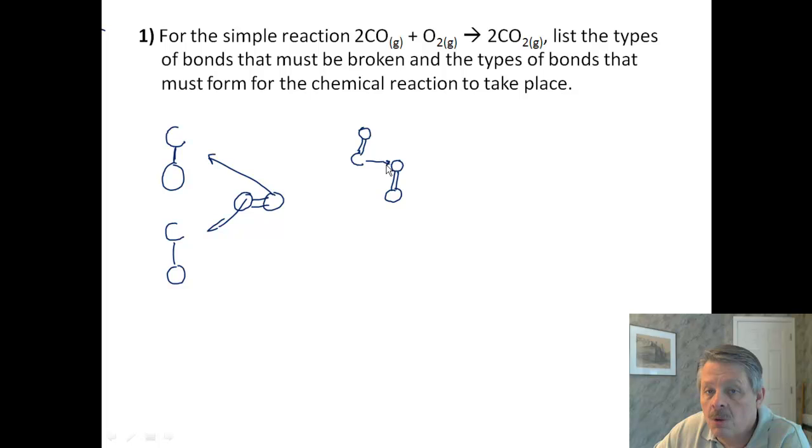And it comes along and it whacks into this, and then we have another carbon bonded to an oxygen atom, and it whacks into that one. Well, then we can break this bond between the oxygen and the oxygen, and we'll end up with oxygen doubly bonded to carbon, doubly bonded to oxygen. Oxygen doubly bonded to carbon, doubly bonded to oxygen.